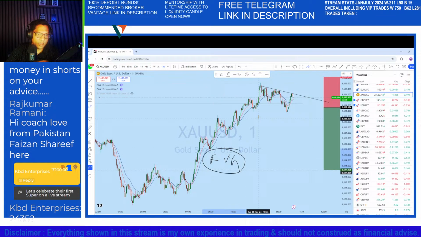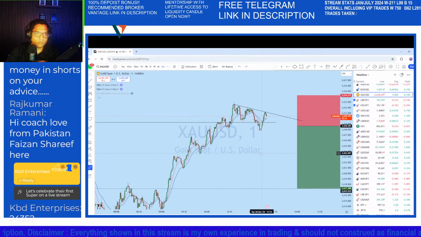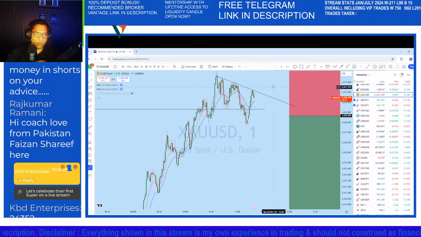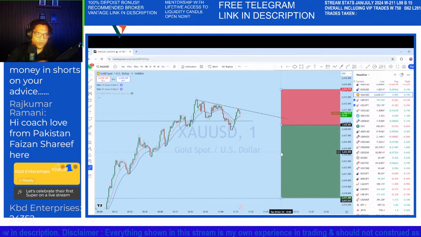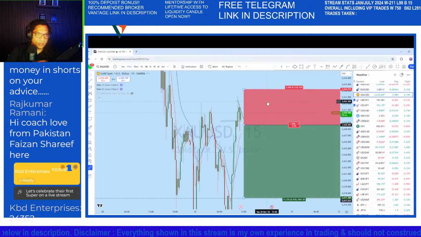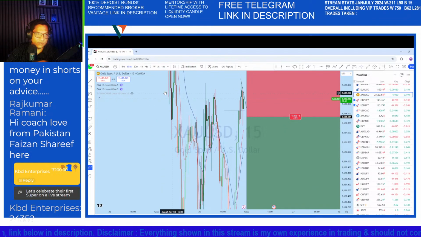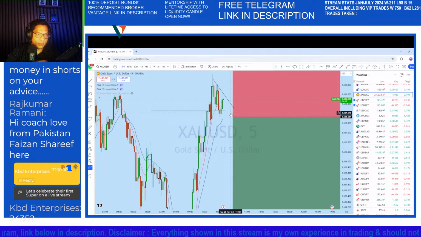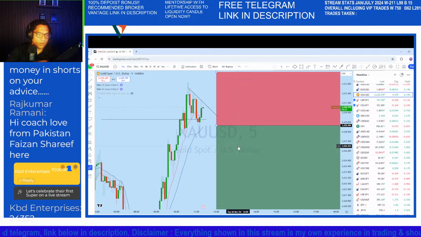So with that huge fair value gap, I'm expecting the market to come down and then fill that fair value gap. Depending on how the price is reacting, we will be looking to see what might be happening.